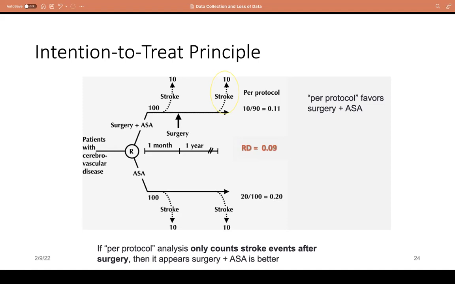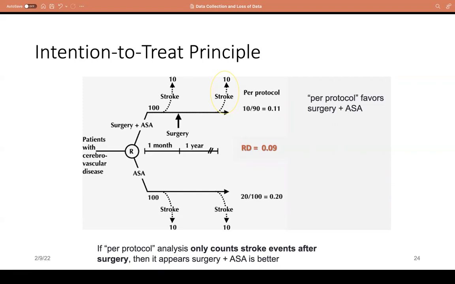Okay, but what happens is that this actually favors the surgical group. If we actually allowed these 20 people in, in this example surgery is not beneficial. But because we excluded these people, it makes it look like surgery is better, when in fact it's not doing anything. All these people just didn't have surgery. You're just excluding the people that never bothered to have surgery.